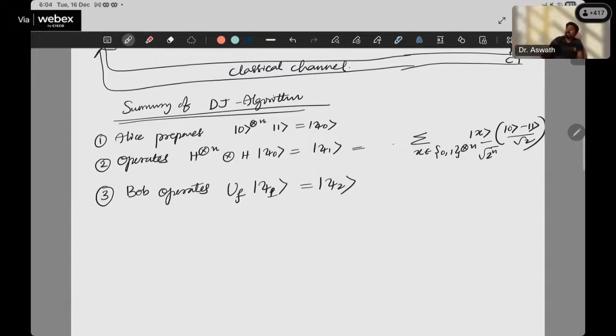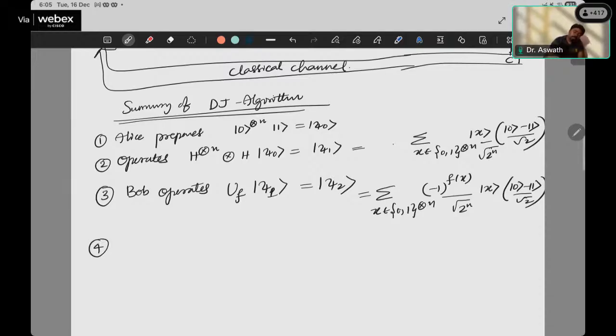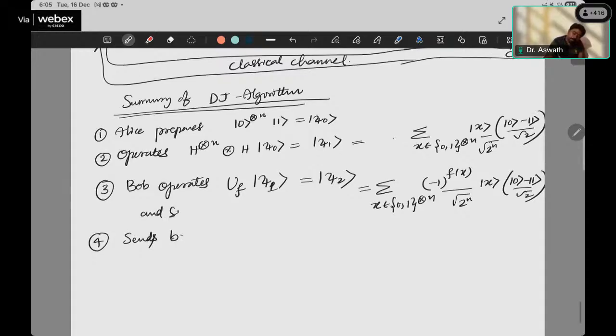What would psi 2 look like? Psi 2 would look like summation over x belonging to 0 comma 1 tensor n, of minus 1 to the power of f of x divided by square root of 2 to the power of n, x ket times 0 minus 1 ket divided by square root of 2. Bob operates and whatever psi 2 he gets, he sends back to Alice.